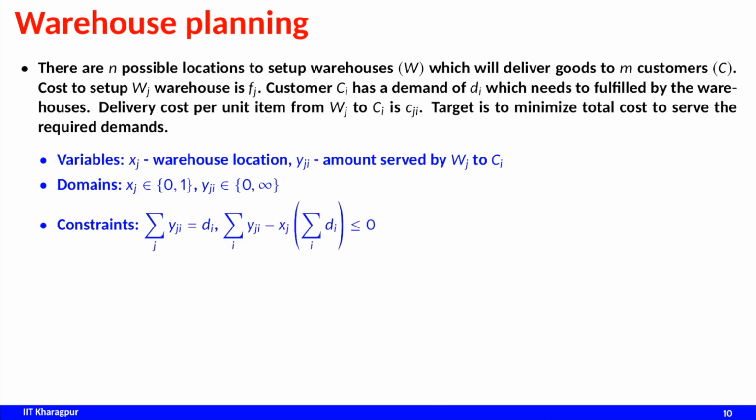Also, the amount being delivered from a location should be... sorry, let me say it this way: the generation capacity, or the number of items generated at a warehouse, should be more compared to your demand, because only then can you actually fulfill it.